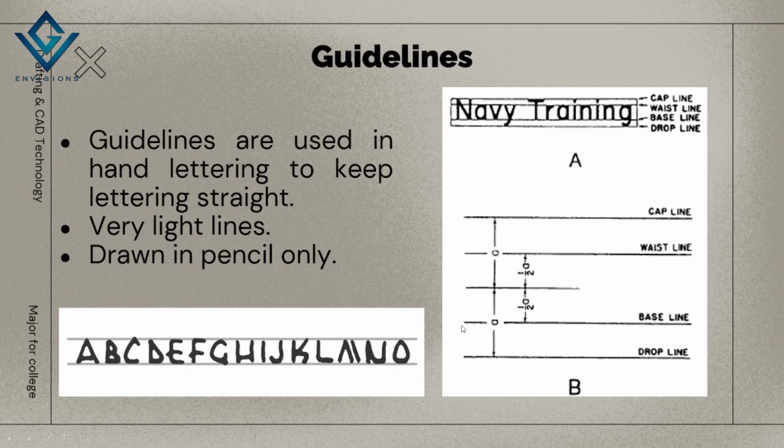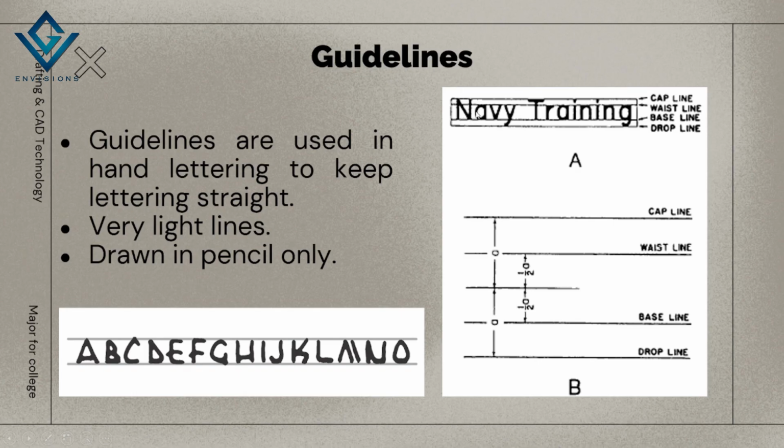If you write your name or the title of your drawing plate, you need to follow the proper guidelines when it comes to lettering. For example, when you are writing here, Navy training, if you are writing in capital letters, make sure that you start at the cap line and end at the baseline.